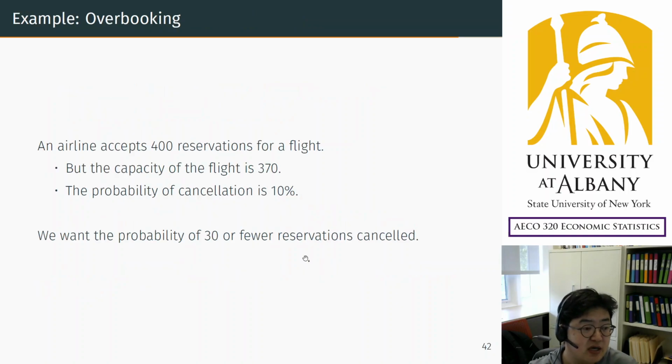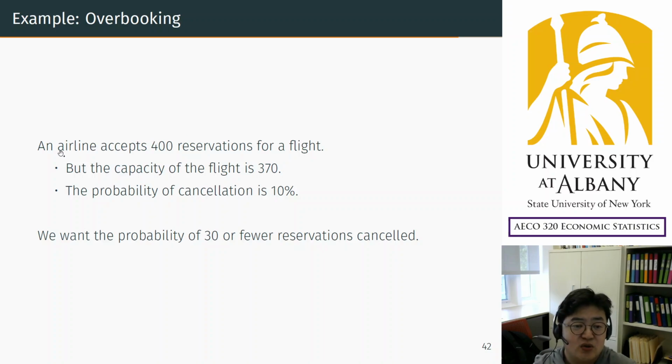The example is overbooking. I considered the overbooking example in the binomial distribution chapter, but at the time, the number was pretty small, like maybe 20 reservations, because it is not easy to think about big numbers at that time. But now we can do it, because we now have the powerful central limit theorem.